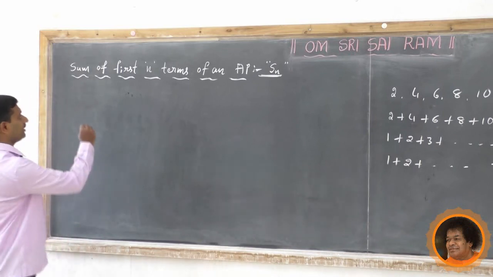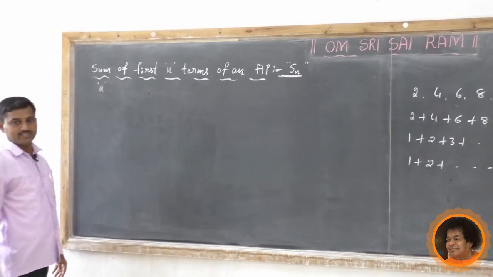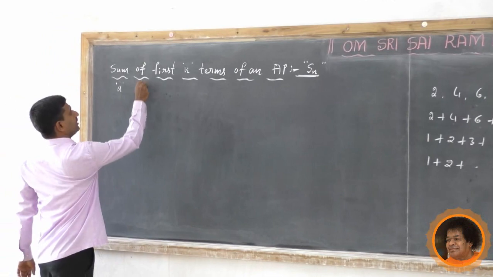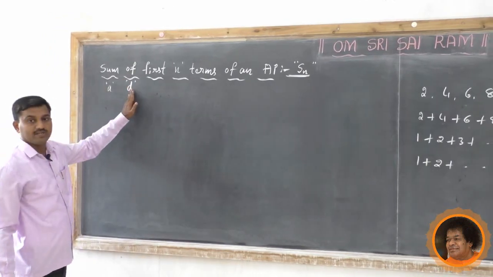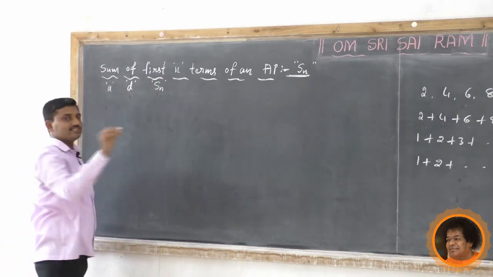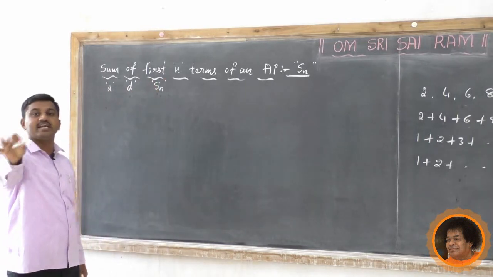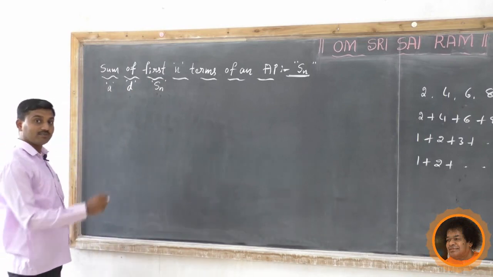So, the derivation. Let a be the first term of an arithmetic progression and d the common difference. And Sn denotes the sum of the first n terms. You know the general form of the arithmetic progression.